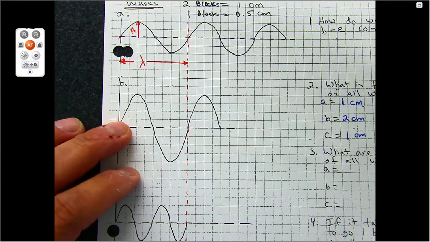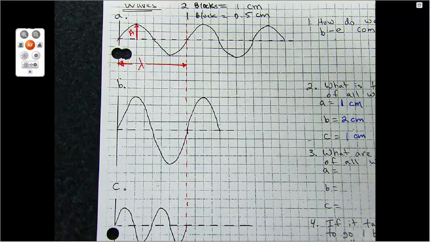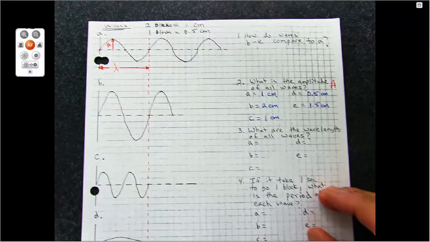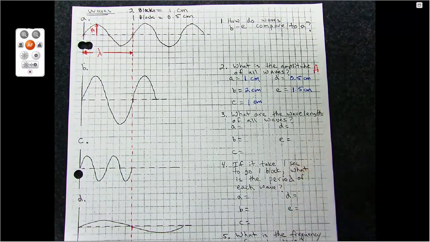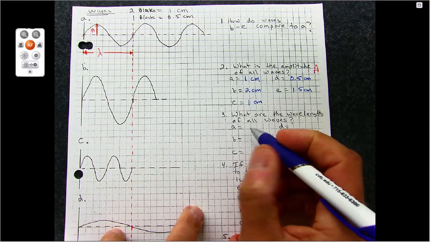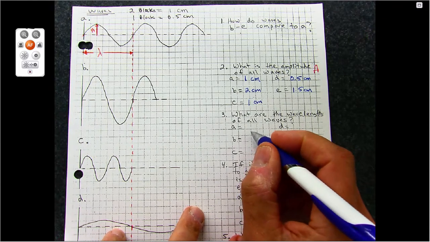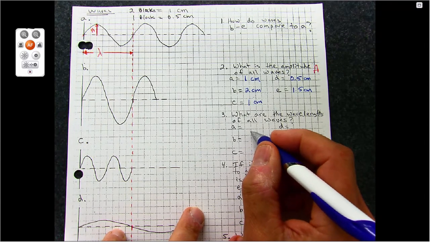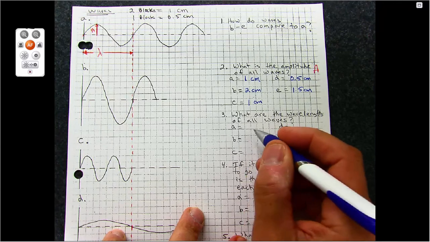So, what is my wavelength for wave A? My wavelength for A is 4 centimeters. Okay.